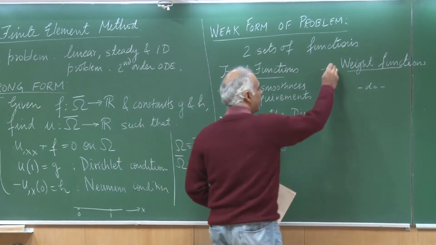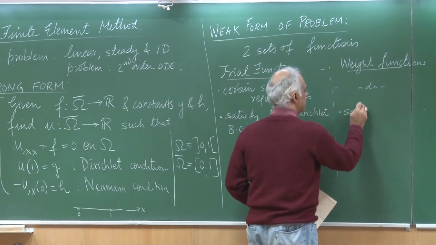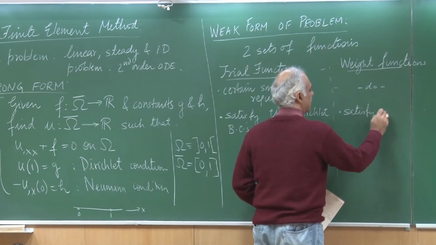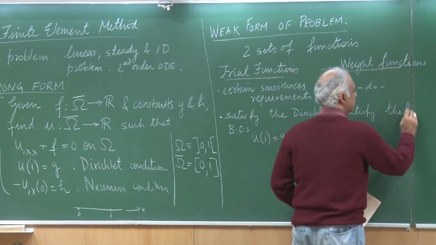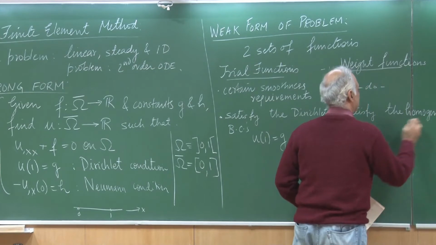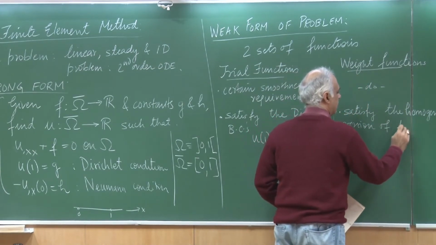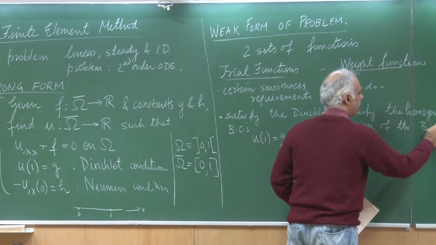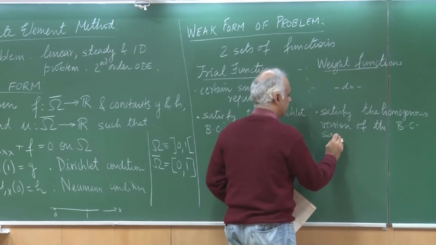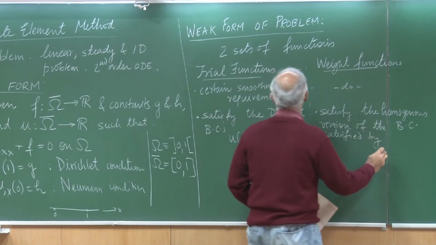The weight function, on the other hand, would satisfy the homogeneous version of the boundary condition satisfied by the trial function.